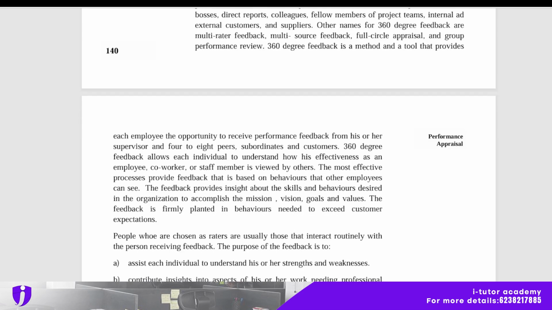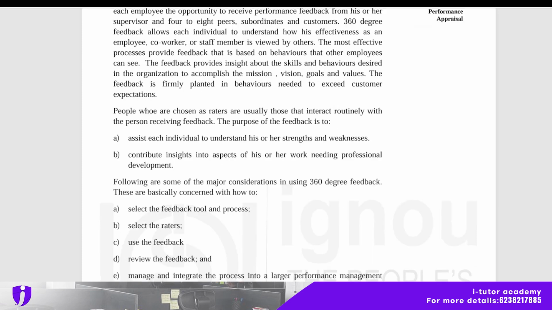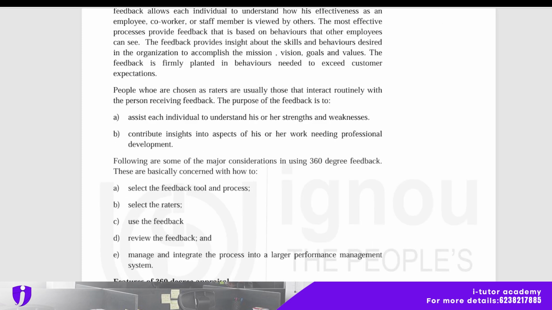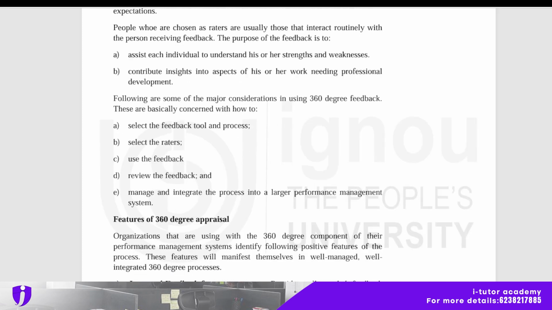And the people who are chosen as raters are usually those that interact routinely with the person receiving feedback. The purpose of the feedback is to assist each individual to understand his or her strengths and weaknesses and contribute insight into aspects of his or her work needing professional development.